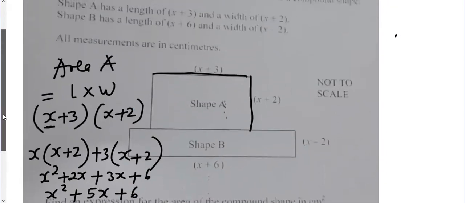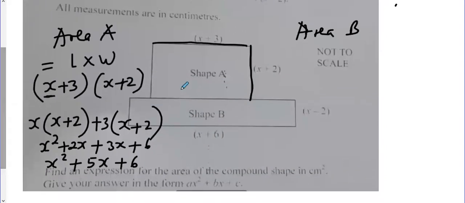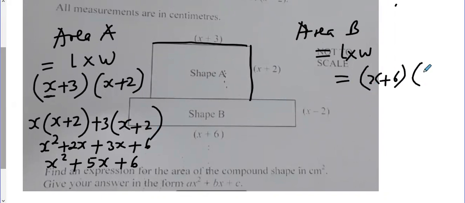How about area B? Area B will be the same thing. It's also clearly a rectangle, so this will be length times width. Area B will be equal to length x plus 6 in brackets, multiplied by x minus 2. Here we need to expand the brackets. So x will multiply x minus 2, then plus 6 will multiply x minus 2.